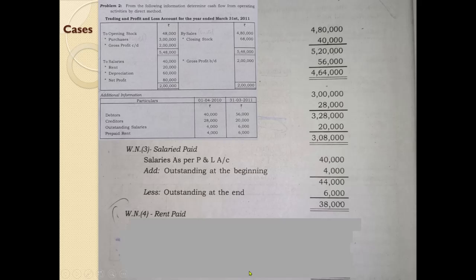So we are doing like that in order to identify the actual cash flow during the year. Only payments made during that particular year are considered to be the part of the cash flow activity. Likewise, rent. In this rent case, it is actually prepaid rent. So how are we going to find out the actual rent paid during the year? Rent paid during the year is 20,000. So we need to find the actual paid during the year. Let's take prepaid at the beginning. In case of outstanding we added the beginning amount, but in case of a prepaid we are lessing the beginning amount.